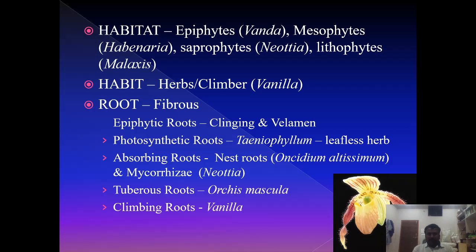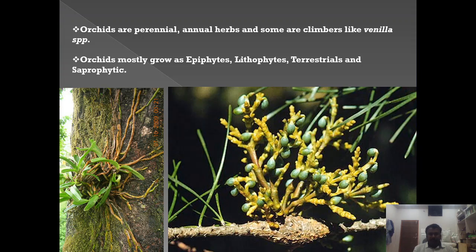Mycorrhizal roots are present in Neottia. In some species like Orchis, the roots are tuberous. In Vanilla, climbing roots are present. There is a great confusion between epiphytic plants and parasites.